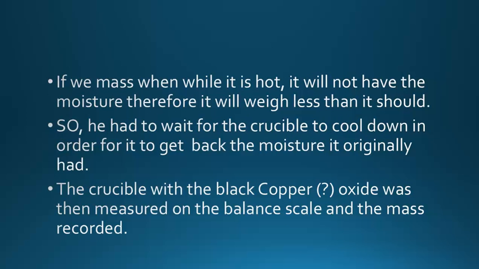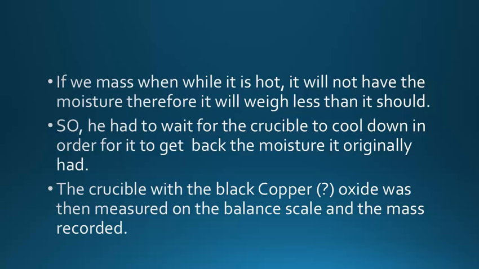If we mass it while it's hot, it will not have the moisture, therefore it's going to weigh less than it should. Remember, the initial mass that I had included water, so when I mass it again, it should also include the water. So what does that mean? That means that he had to wait for the crucible to cool down in order to get back the moisture.